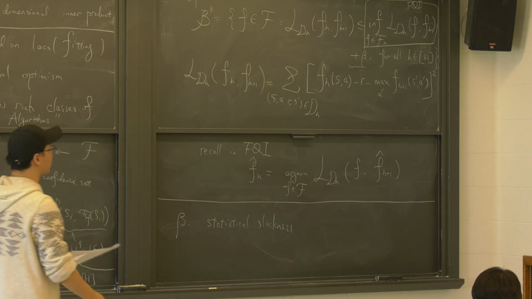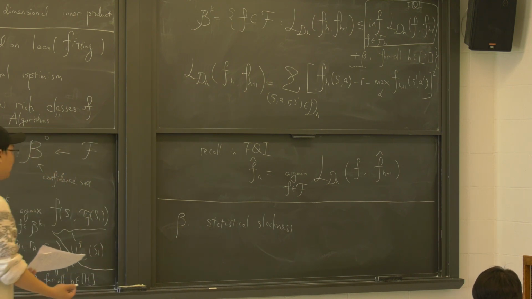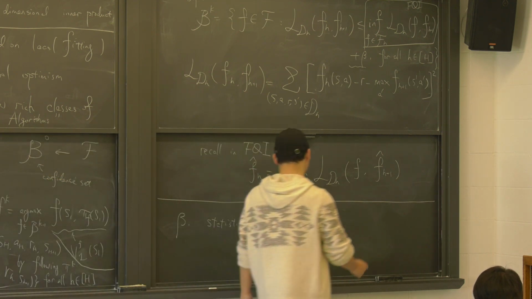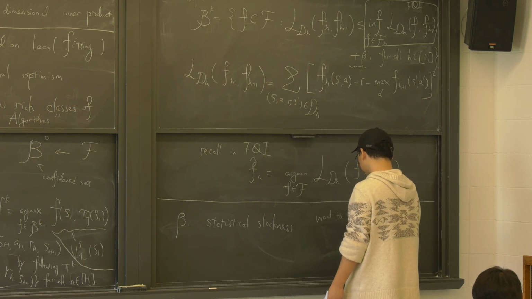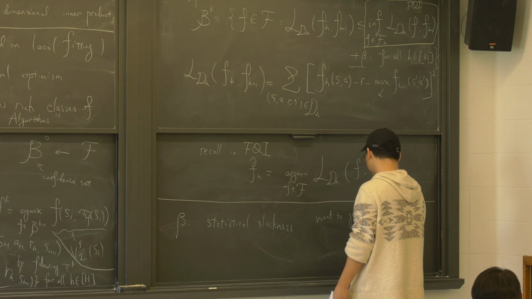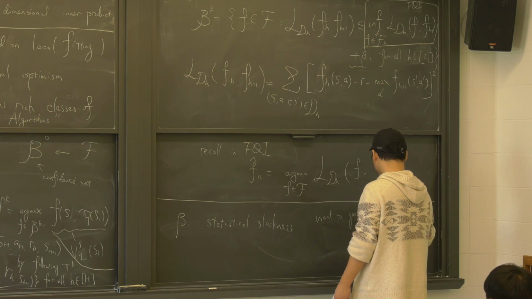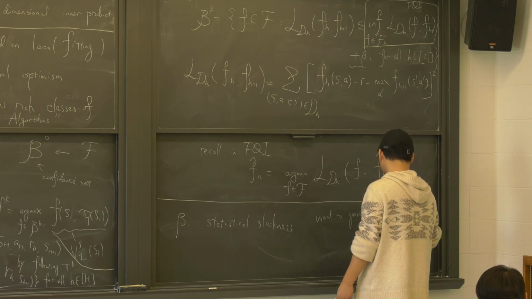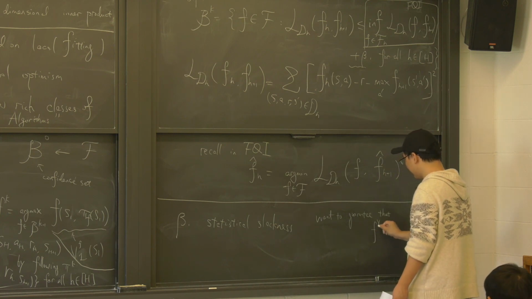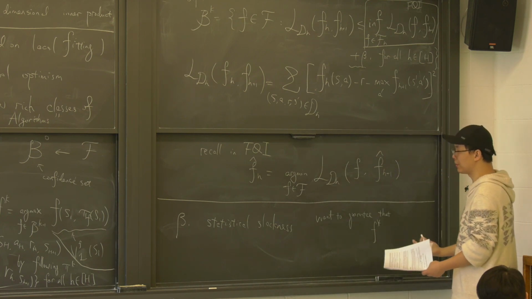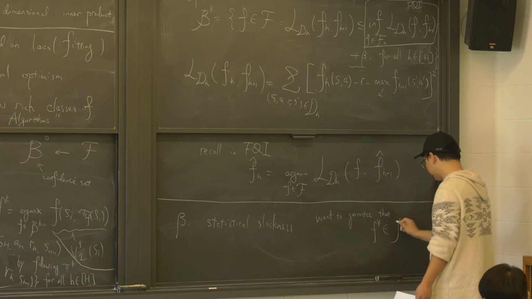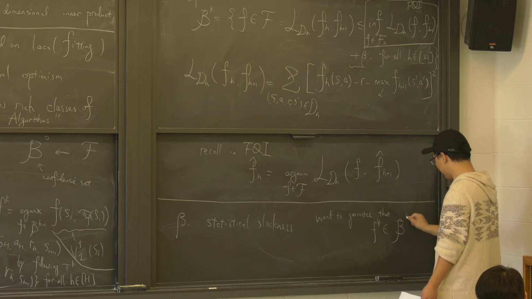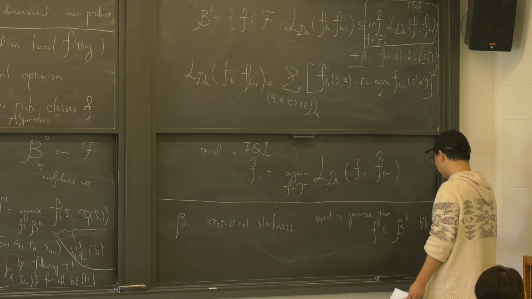So I think the construction of the confidence set, basically, we want to guarantee that f star, that is the true optimal value, will always be in my confidence set, for any k, with high probability.